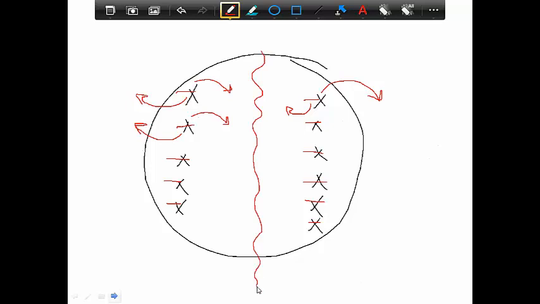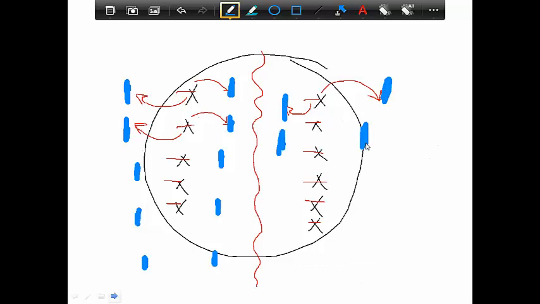What we want to end up with is two rows, essentially, of sister chromatids. I'm going to do these in a different color so they show up better. One half is going to end up over here, one here, one here, one here. So we're making two rows on this side for these chromosomes. But the chromosomes on the other side also get split in half into two rows as well.